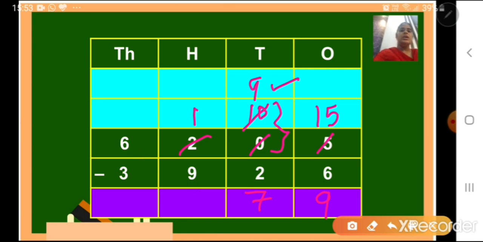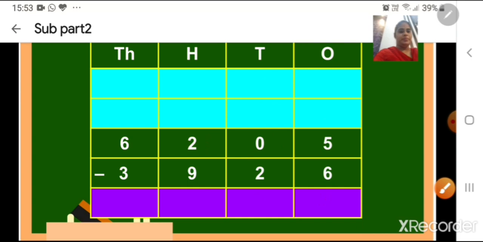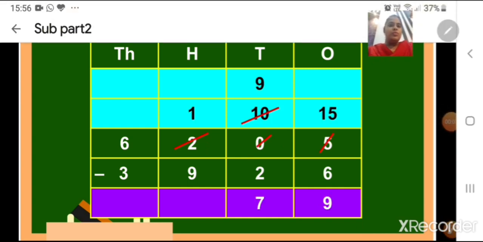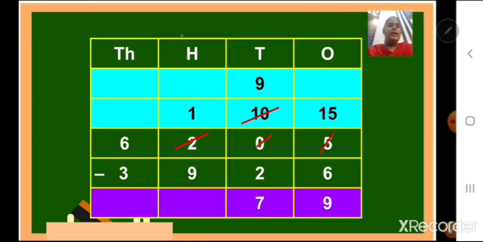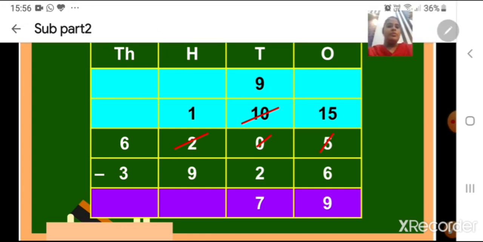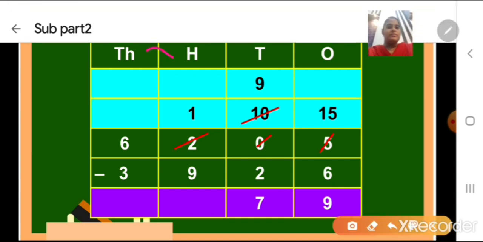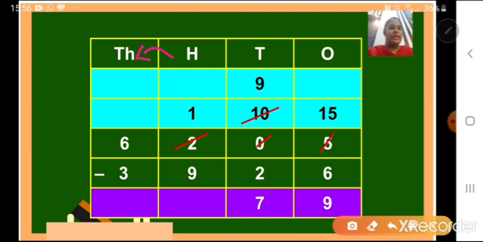No, it is not possible. So children, now hundreds will go to thousands, and borrow from thousands place. Right children? Because we cannot subtract 1 minus 9.